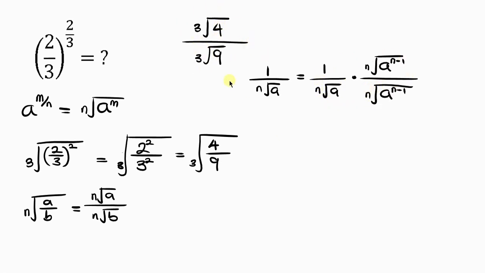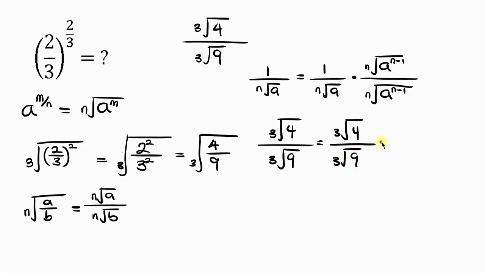So this becomes the third root of 4 all over the third root of 9, or we can say cube root of 9. This can be rationalized as the third root of 4 all over the third root of 9 times, remember our focus is on the denominator.